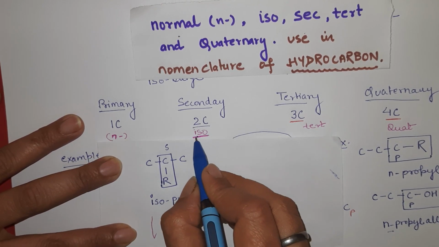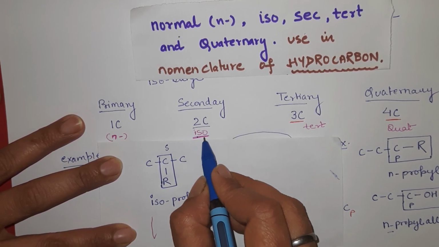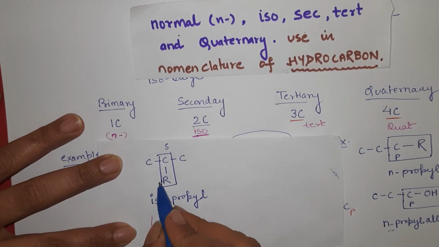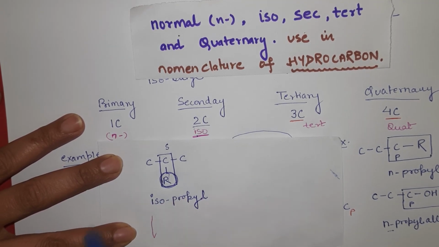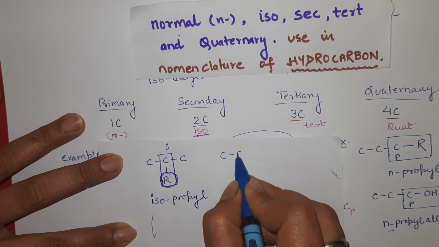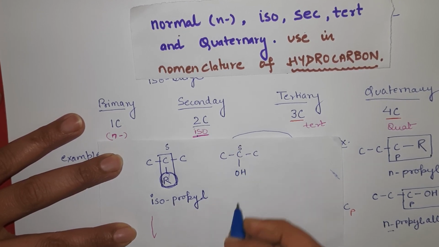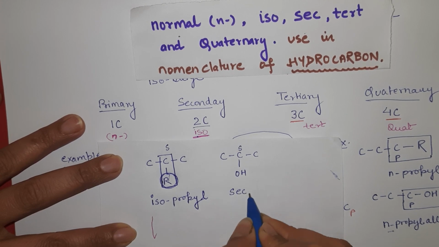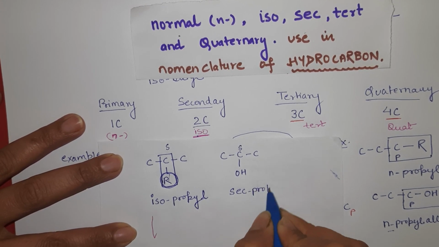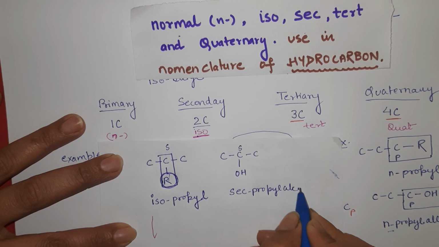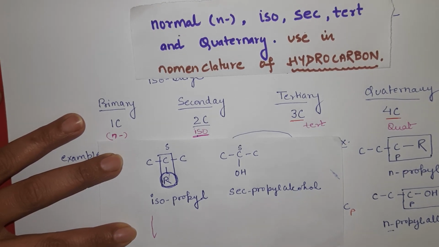Secondary, and we use prefix iso if an alkyl group is attached to a chain. If a functional group is attached to the secondary carbon, so the name will be sec propyl alcohol. Okay, sec propyl alcohol.